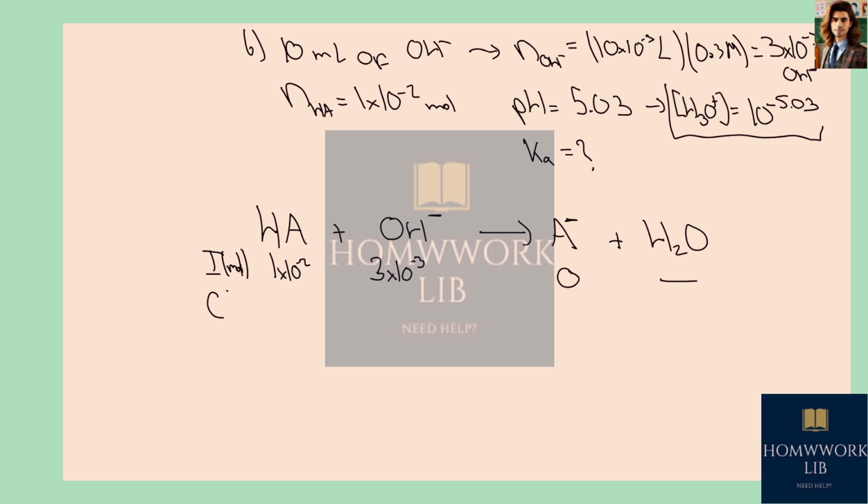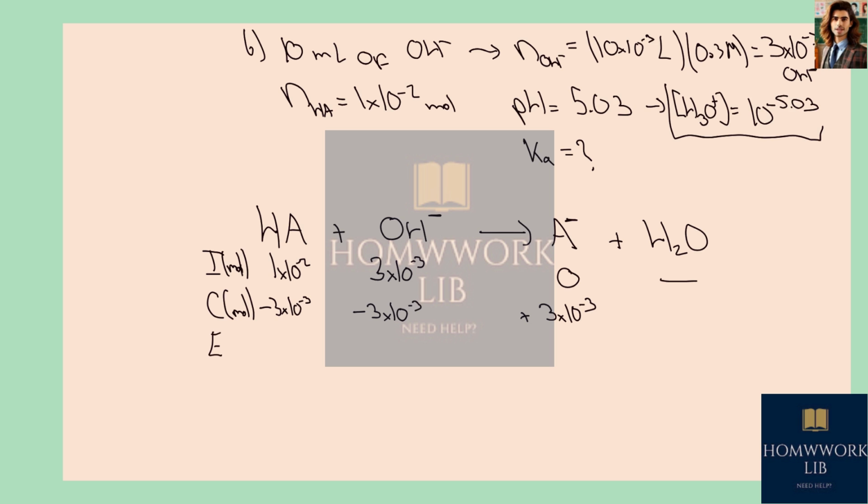Next up, the amount of change in mole. The limiting reagent is OH minus, so minus 3 times 10 to the minus 3. Over here, we're going to have minus 3 times 10 to the minus 3. And here, 3 times 10 to the minus 3 with a positive sign.